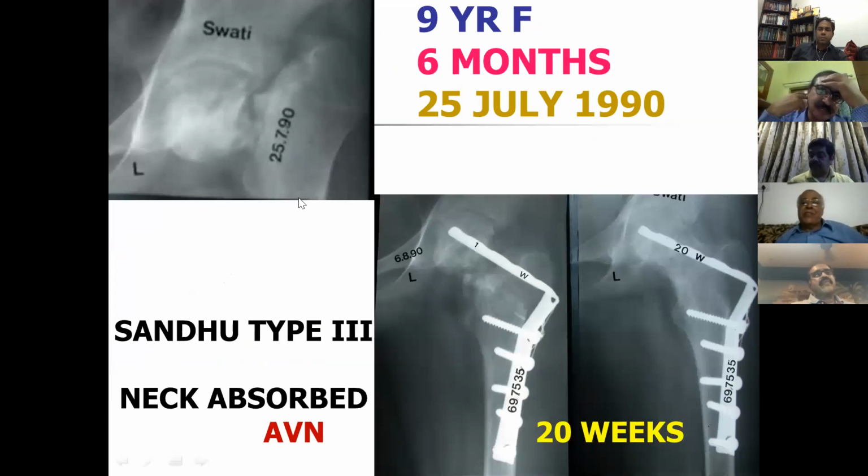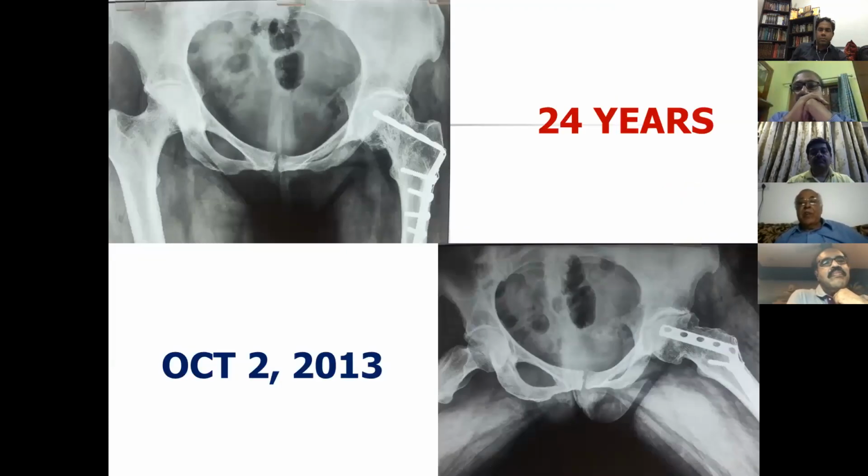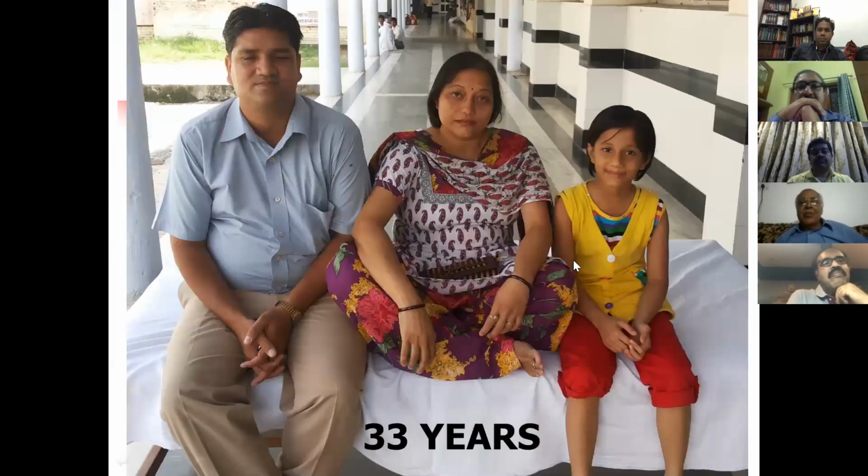This is just finishing my first case, 1990. See the follow-up published in the Journal of Trauma, 24 years follow-up. Now, this is at 10 years, when she was studying for a master's degree. Now she's 33 years old, 24 years follow-up.